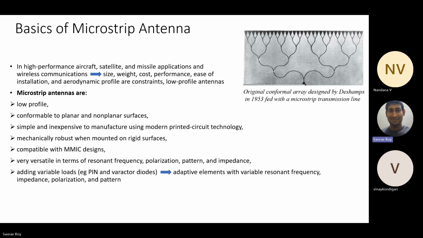That is where the microstrip antenna is very useful, and it gives you a moderate gain with a very small size. The size is very attractive here for the microstrip antenna, and it is also mechanically robust.